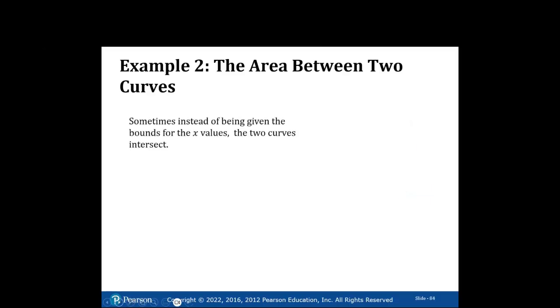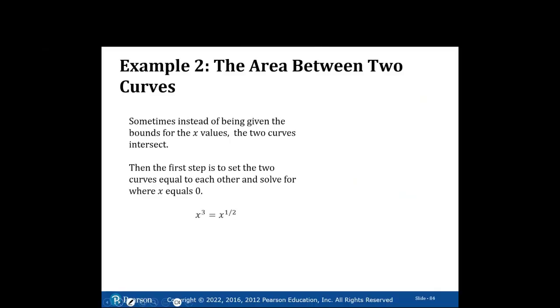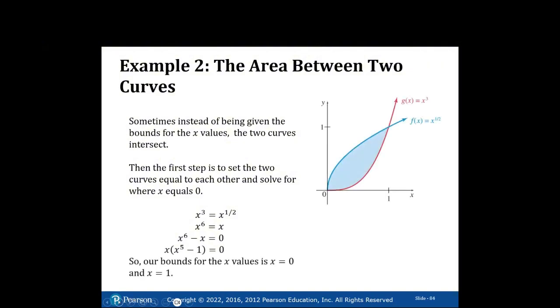Now, maybe they don't give you bounds for the x values, and the two curves are going to intersect with each other. Then the first step you want to do is set them equal to each other. Here we're given g of x is x cubed and f of x is x to the 1/2.